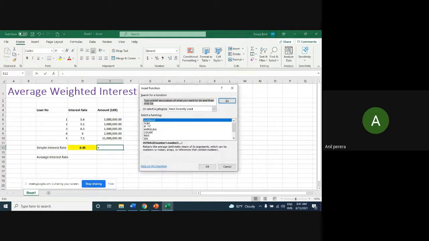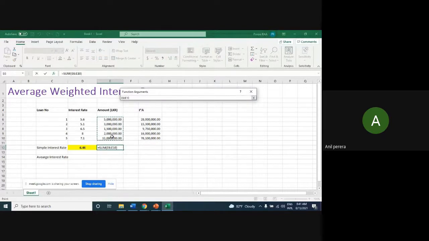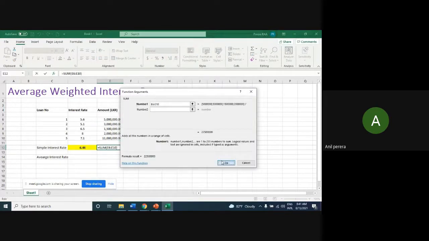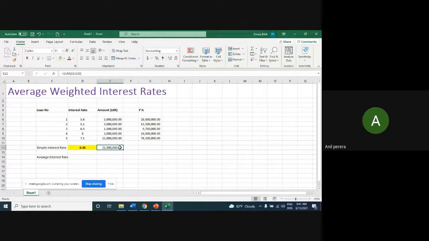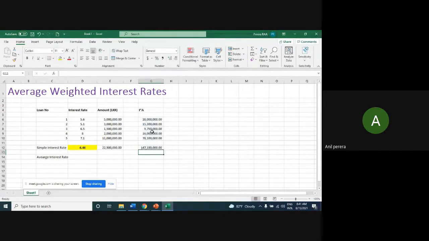Here we take the sum of total volume and the sum of total interest rate into the volume.